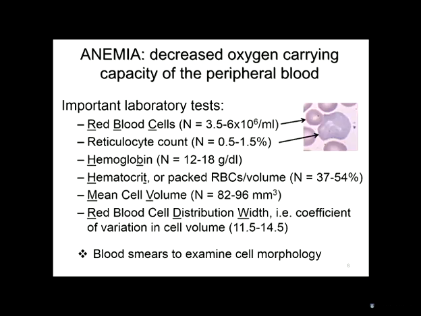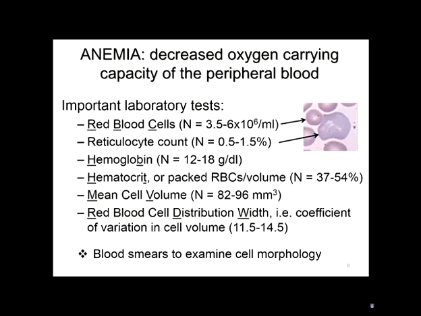Right, so when we talk of anemias, we're talking about decreased oxygen carrying capacity of the peripheral blood. So this is a systemic problem. It's a global problem. And to measure the patient's ability to provide normal oxygen to the tissues, there are a number of parameters, and you need to know them.